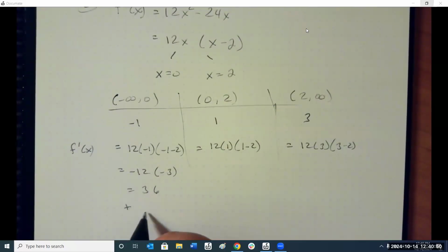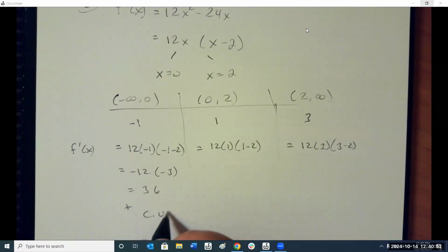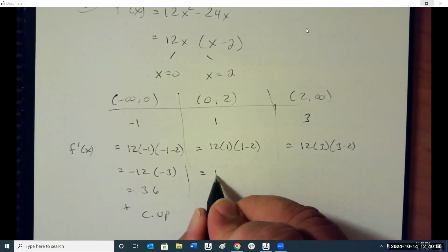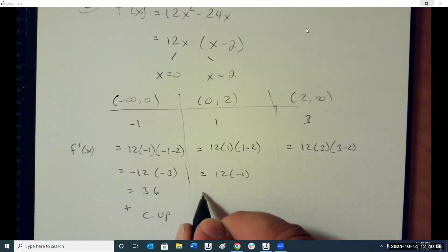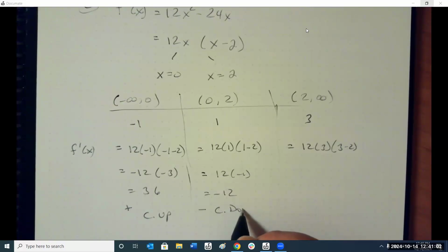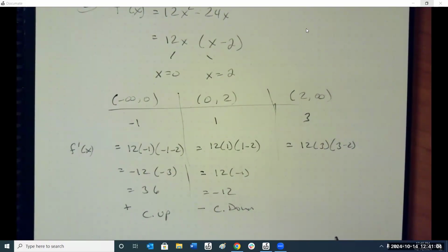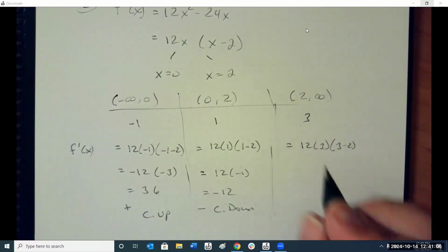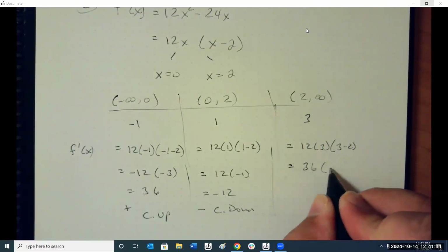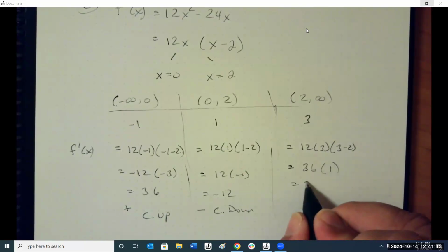So it's positive, concave up. 12 times negative 1 is negative 12. It's negative, so it's concave down. And at 3, we have 12 times 3 times 1, which is 36.